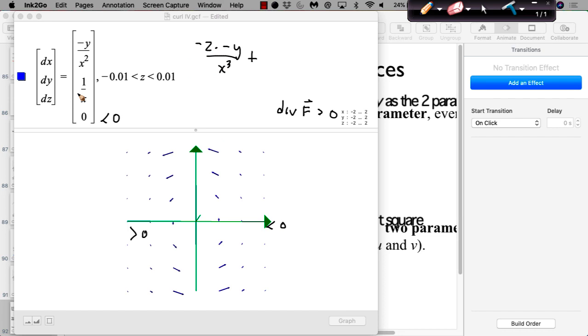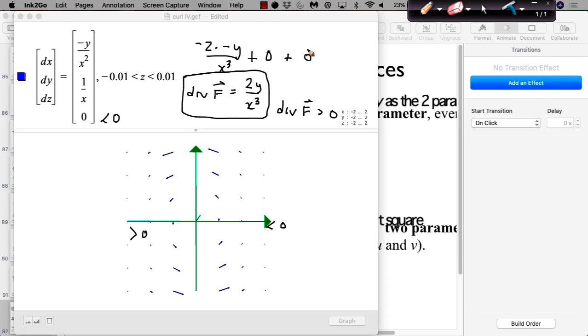Partial of this with respect to z, 0. So the divergence is also a function, also a pointwise phenomenon. Positive 2y over x cubed for this field. That's what the divergence is. In the first quadrant, will that be positive or negative? Positive. Both x and y will be positive, so we'll get positive. That's what we said, right? We said it was positive in the first quadrant.